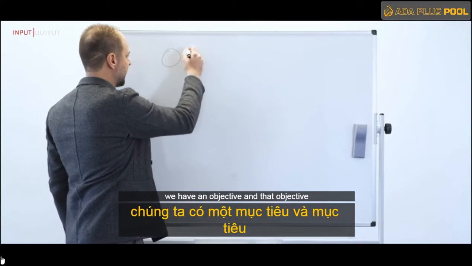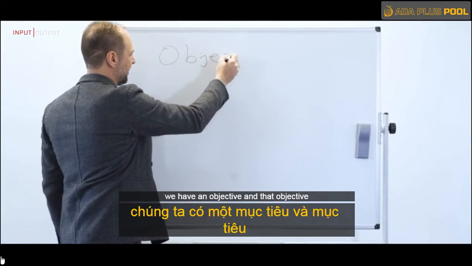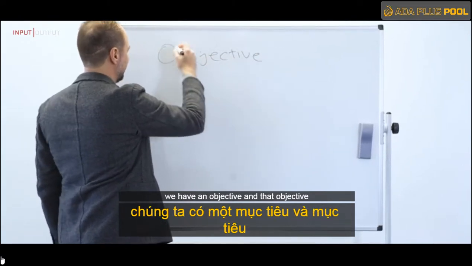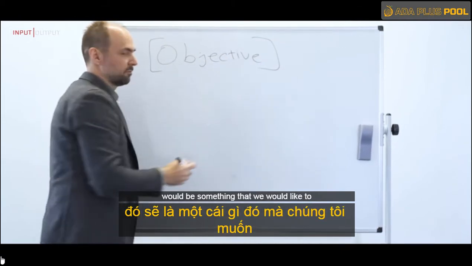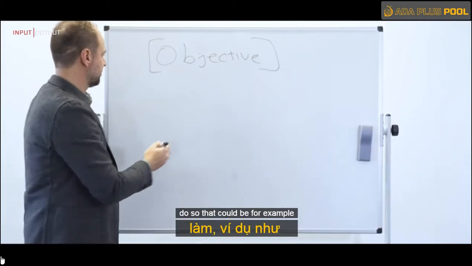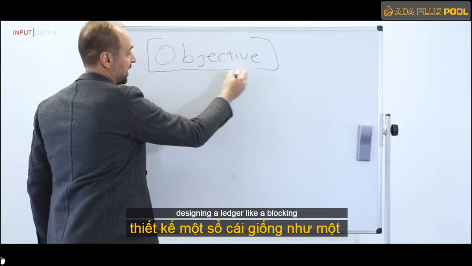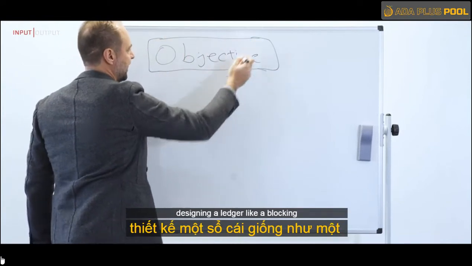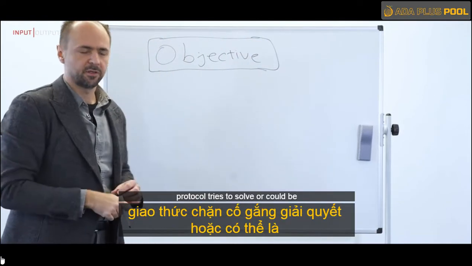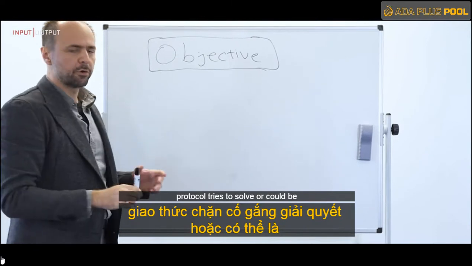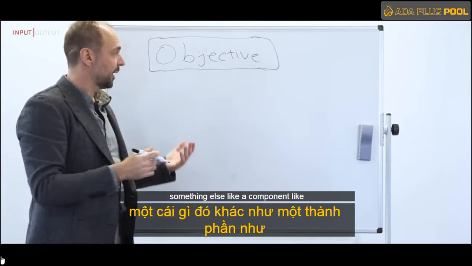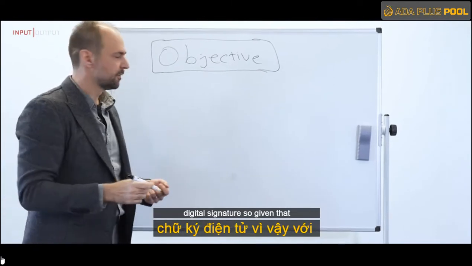So, first we have an objective. And that objective would be something that we would like to do. So that could be, for example, designing a ledger like a blockchain protocol tries to solve, or it could be something else like a component like digital signature.